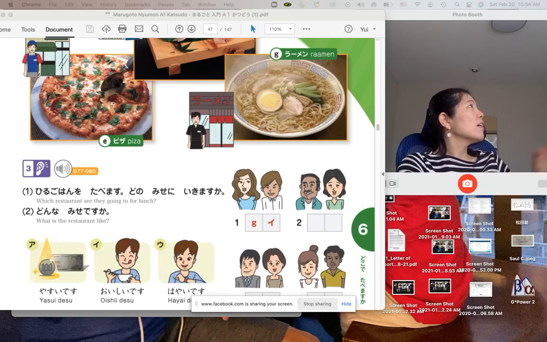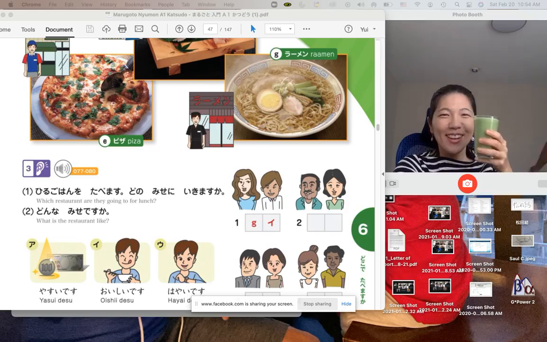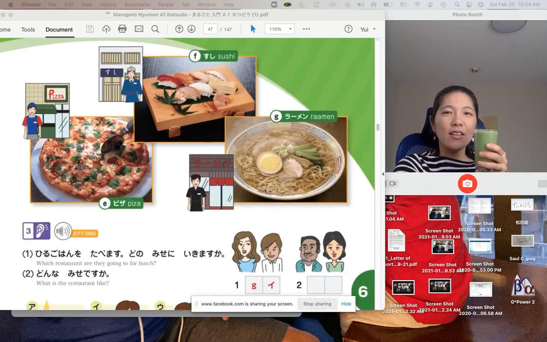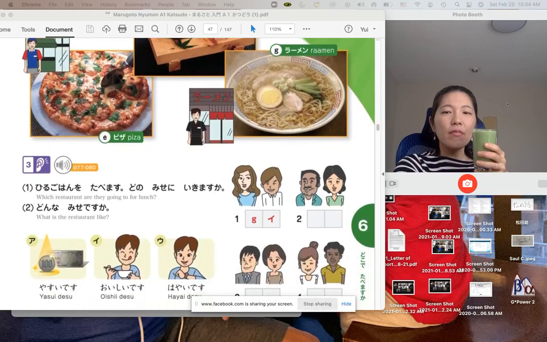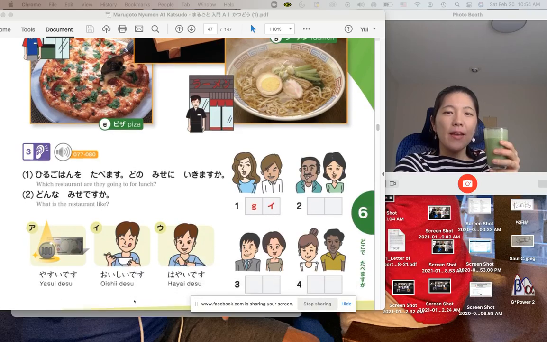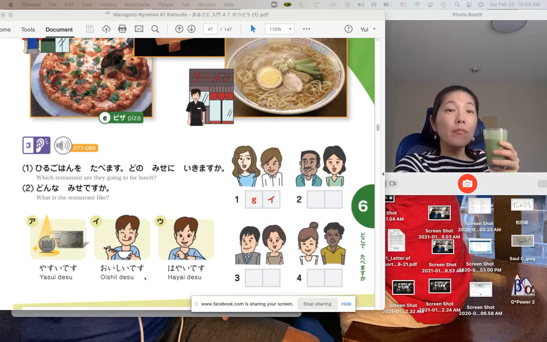寿司ですか？ Did you hear that? 寿司ですか? So that is F. はい。あの店は美味しいですよ。美味しい. Again, delicious, right? 美味しいです. So, were you able to hear that?